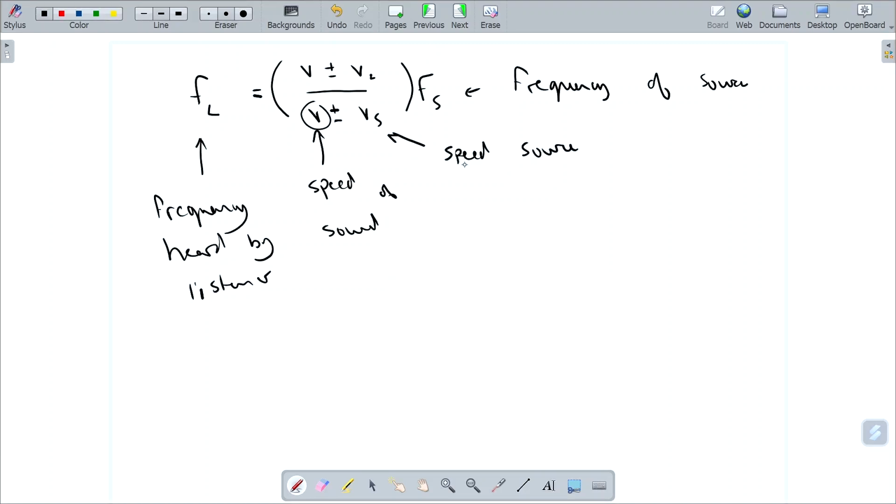A moving object will have a certain speed, and that is going to affect the frequency that is heard by the listener. And this here, vL, this is the speed of the listener. Right, so we've got the frequency, the speed of sound, the speed of the listener, and the speed of the source.